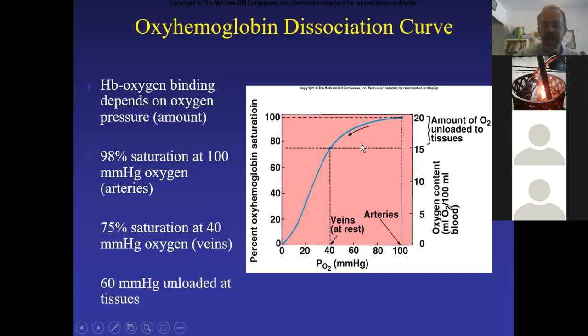So typically, the oxygen level in the arteries is 100, and in the veins it's 40, which means we've dumped off about 60 millimeters of mercury at the tissues, at the capillaries. So just basic subtraction: 100 in the arteries, 40 in the veins, a difference of 60.